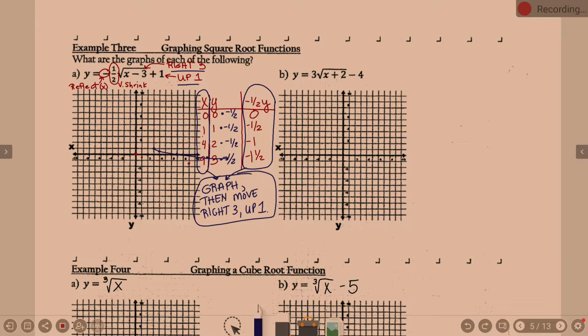I'm hearing the easy pieces. The +2 under the radical is left to right, opposite the sign. Since it's +2, we know we have to go left 2. The -4 is at the end, so that's the up or down direction of the sign. So we're going to go down 4.